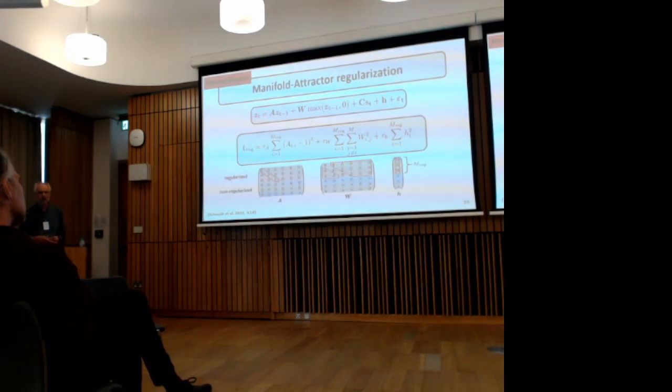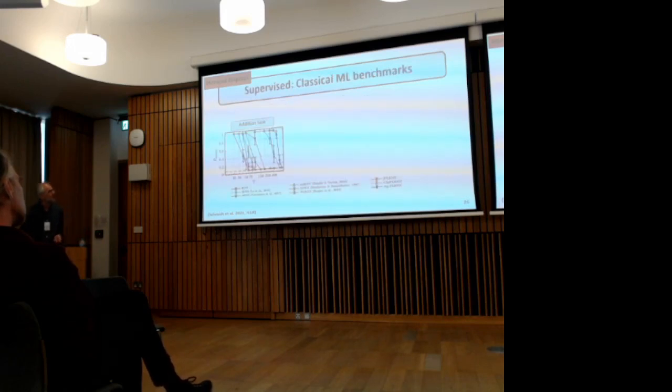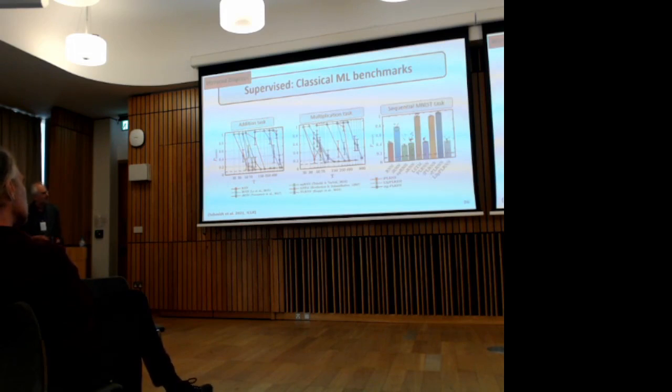But we only do that for a subset of the units, because the idea is we want to encourage the system to form a manifold attractor for keeping whatever you put in its memory, yet you don't want to constrain its computational abilities. You want to have some subspace free for doing whatever computations you want that system to do.